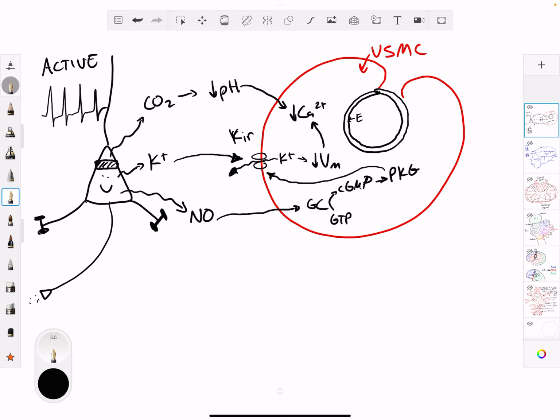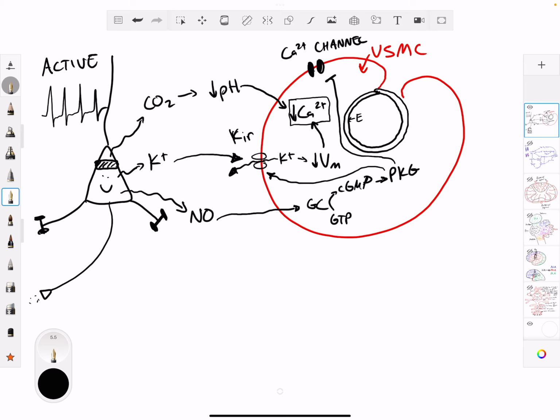Let's stimulate those potassium channels. Let's go up here and inhibit calcium channels. So what it's also doing is amplifying that decrease in intracellular calcium.